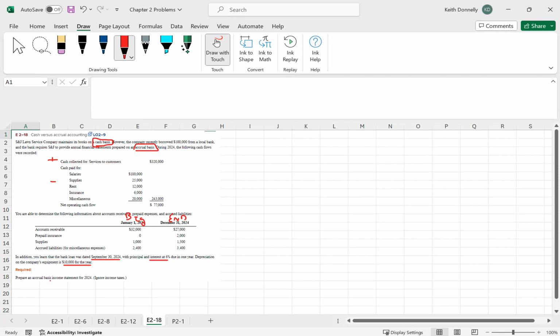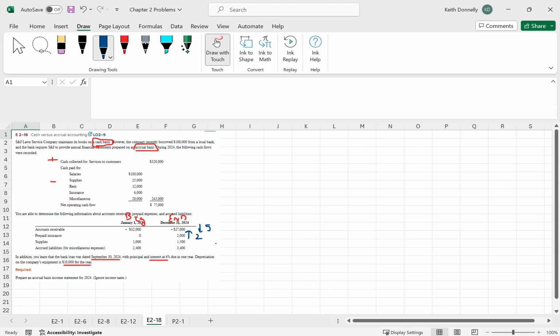All right, so let's think about this here. Let's classify some of these things, what's going on here. So we went from 32 to 27, right? We went down by $5,000. We went from 0 to 2, we went up by 2,000.